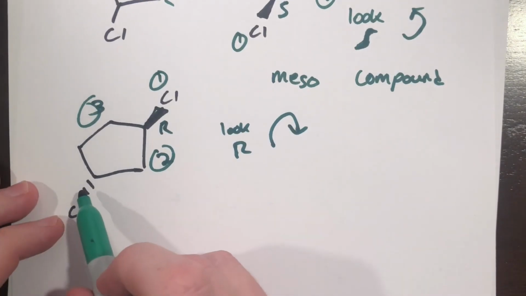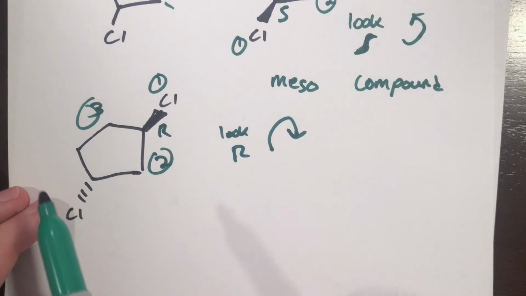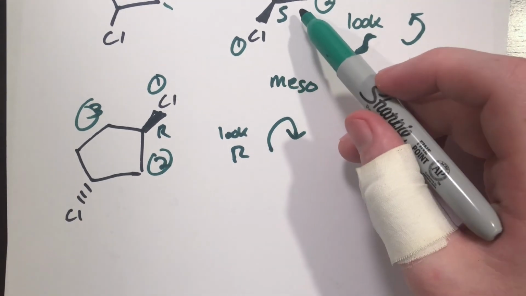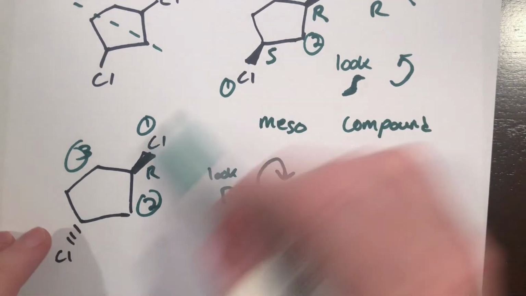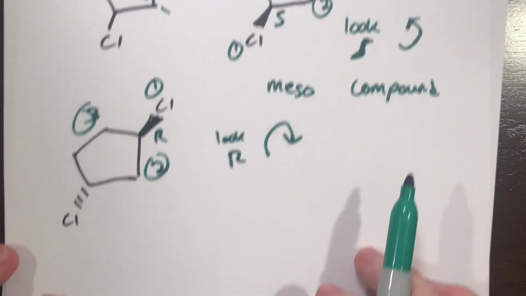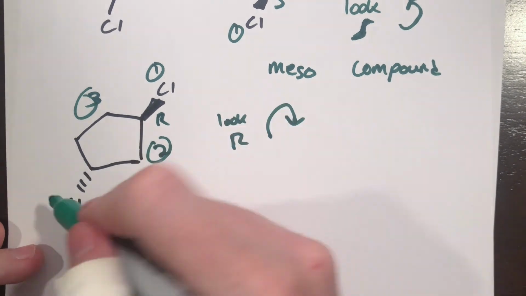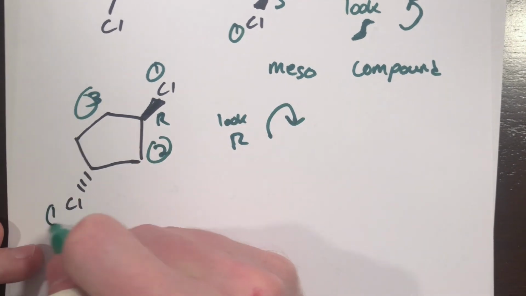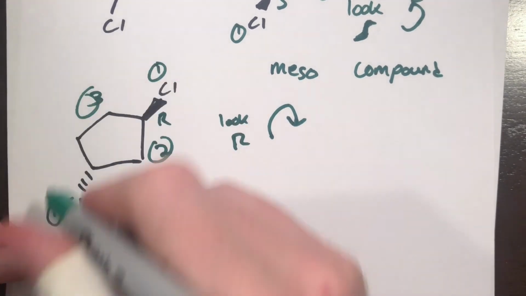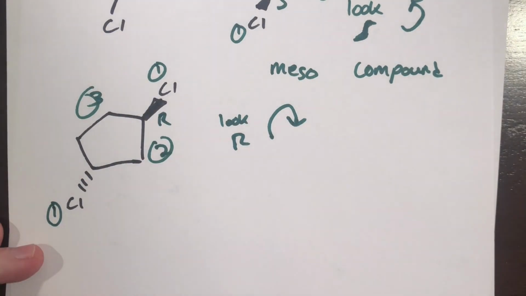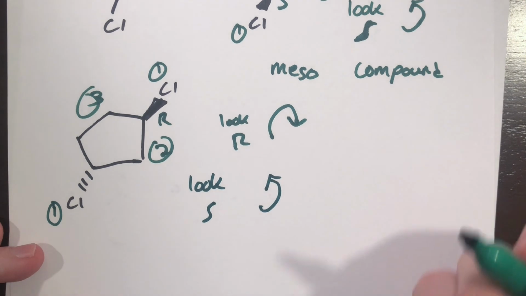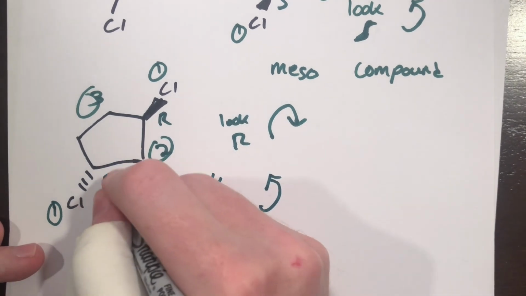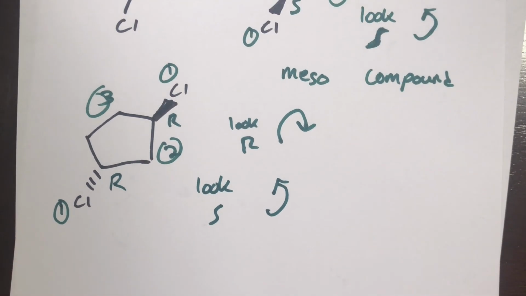Then if we move here now, we would expect this one to be R because it should be the opposite of this position here, because we've converted our wedge to a dash. Now, let's do it anyway to be consistent. So this is our highest priority, second, third. That looks like S, but the hydrogen is in the front, so it's actually R. So this is RR and not meso.